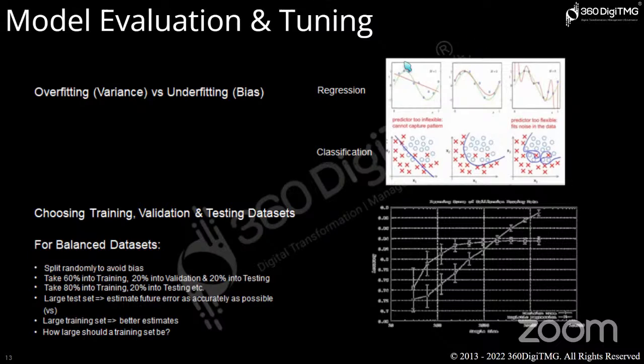Now, overfitting and underfitting. Before this, let us learn about variance and bias. So what is bias? What is variance? Bias, we can say that it is a training error, error in training data.